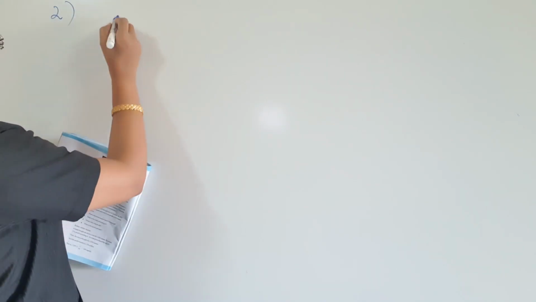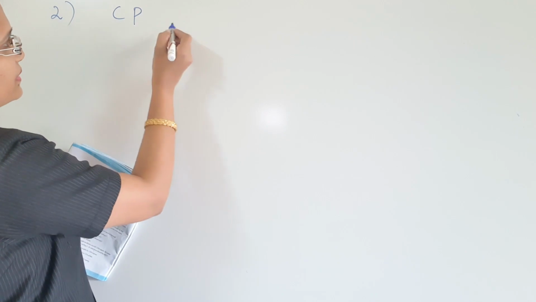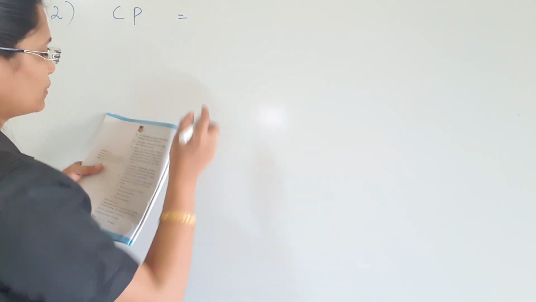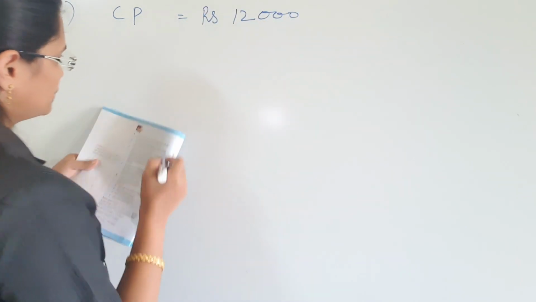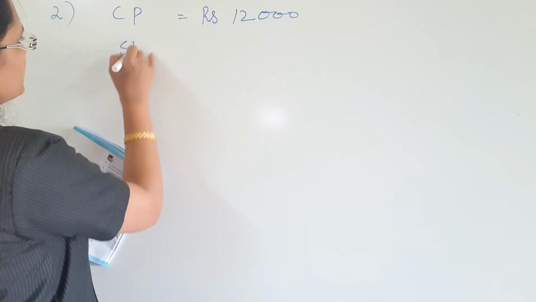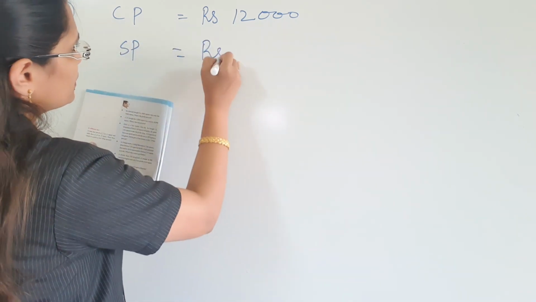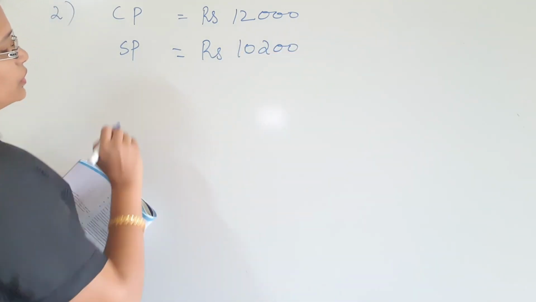So second question here, cost price, that is the short form of cost price, CP, is equal to 12,000 rupees. Selling price is equal to 10,200. Then what is the loss percent?